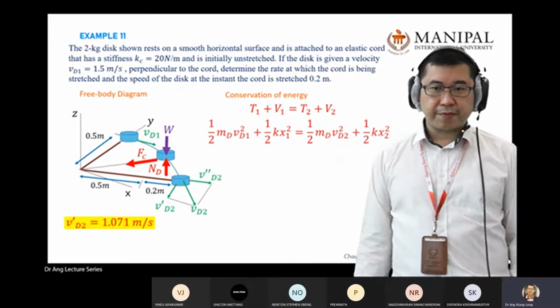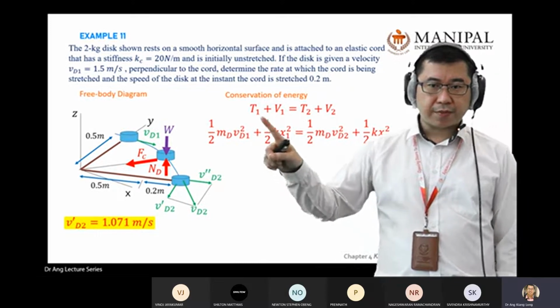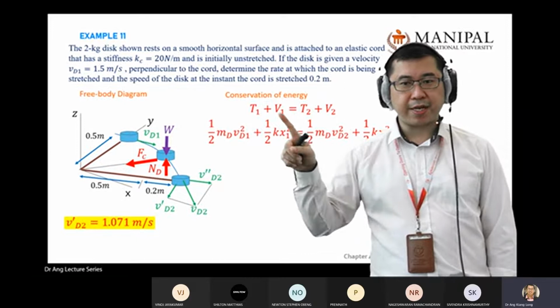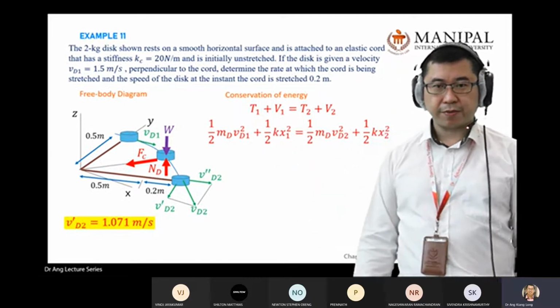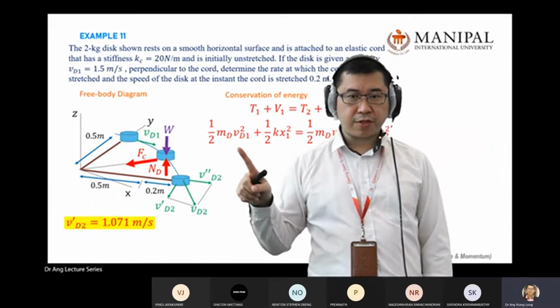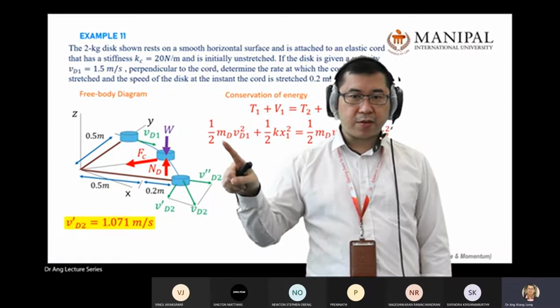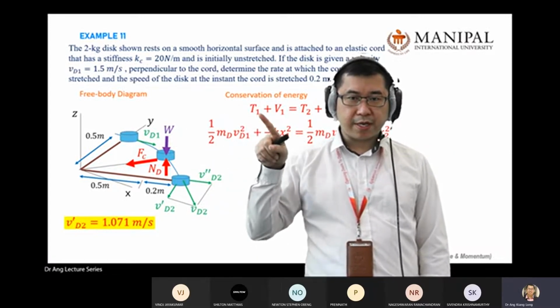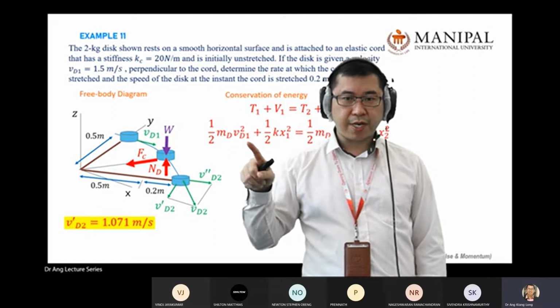Okay, so here your potential is not height, but the spring potential. Kinetic equals half m v squared. You are familiar with this.